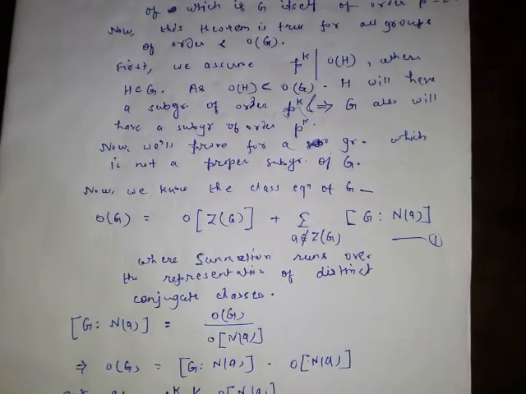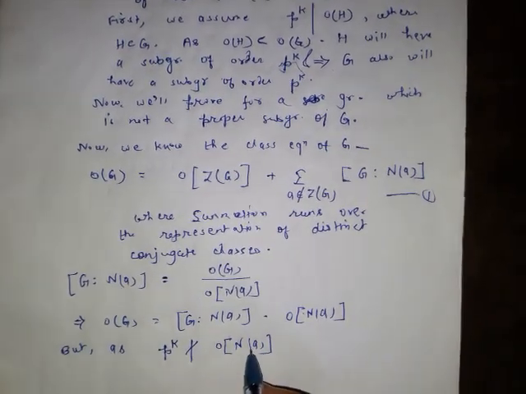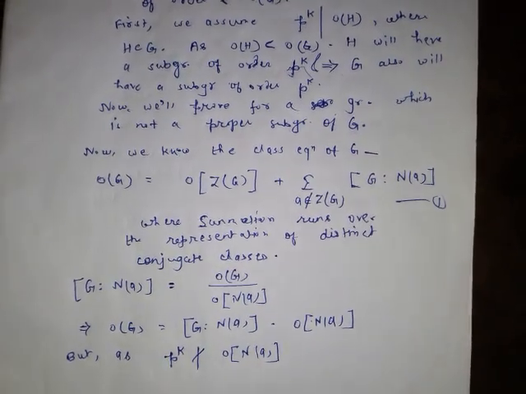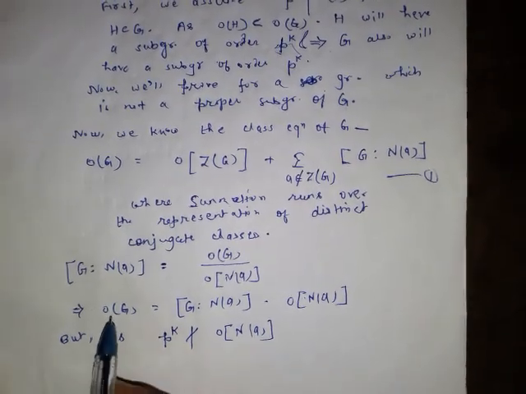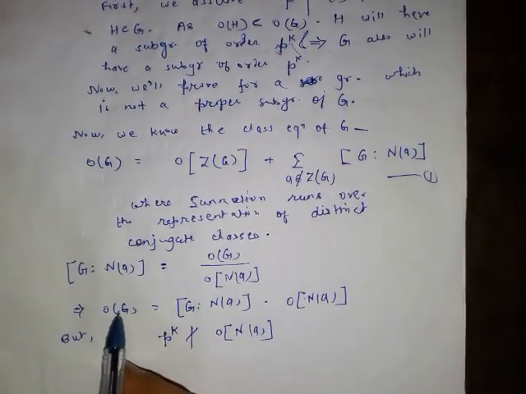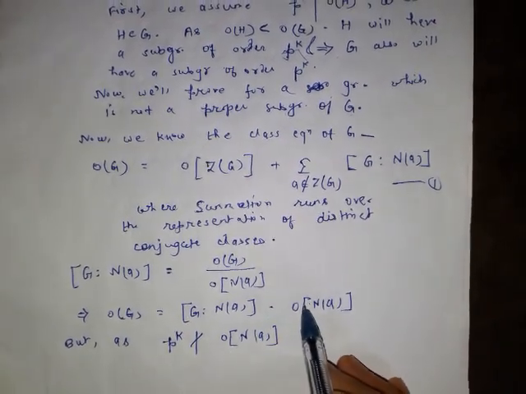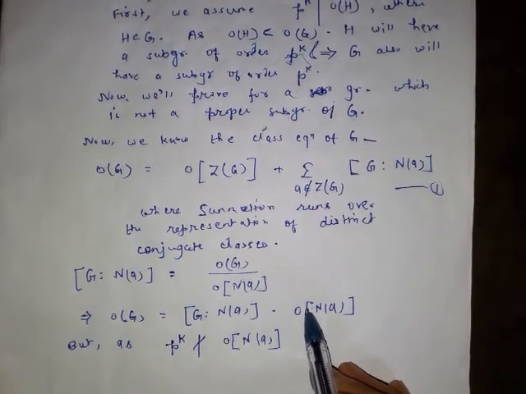So here p raised to the power k doesn't divide the order of the subgroup normalizer. But in this equation, p raised to the power k divides this side, and so this side also is divisible by p raised to the power k.